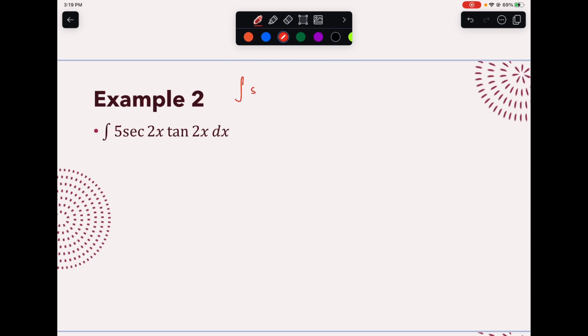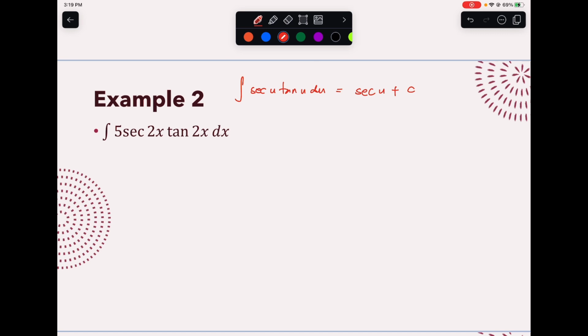Remember, the integral of secant u tangent u du is the same as secant u plus c. This is one formula among the 10 trigo formulas.